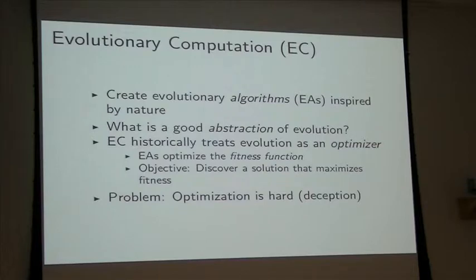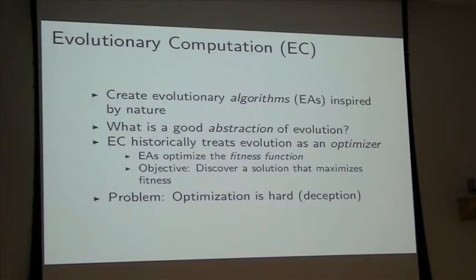Historically, evolutionary computation in large scale has treated evolution mainly as an optimizer. That it's a force that can optimize some quantity, make it higher, make it better. This is driven by the idea that in nature there's this competition among organisms, some optimization of biological fitness, the idea of survival of the fittest.